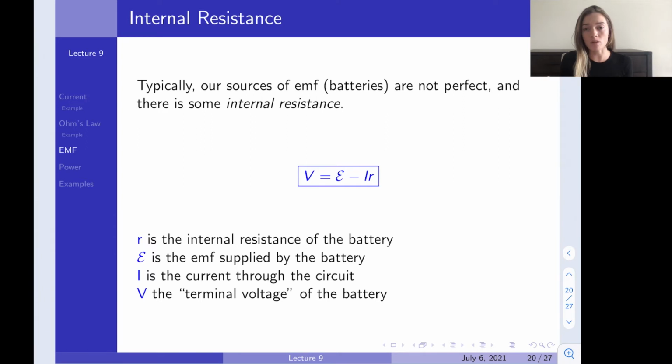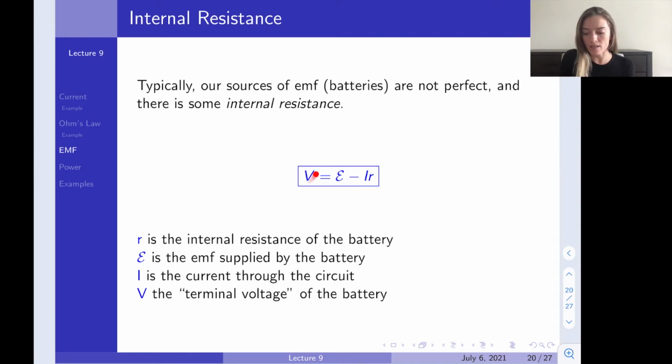In a physical battery, a little bit of energy is lost in the battery itself, because since we don't have superconducting batteries in everyday life, there's a little bit of resistance in the battery itself, and some of that potential difference is lost to that internal resistance. This is called the internal resistance of a battery, and we write it as a small r.